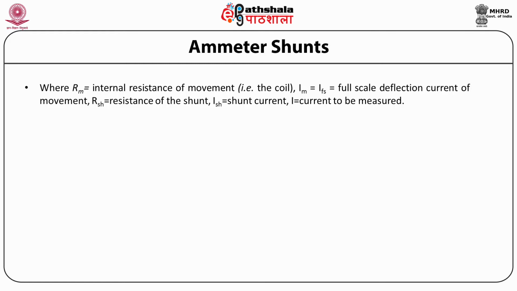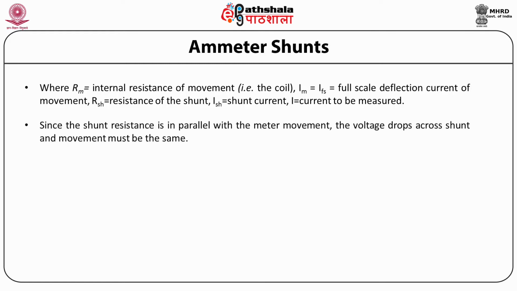Since the shunt resistance is in parallel with the meter movement, the voltage drops across shunt and movement must be the same, or Ish Rsh is equal to Im Rm.